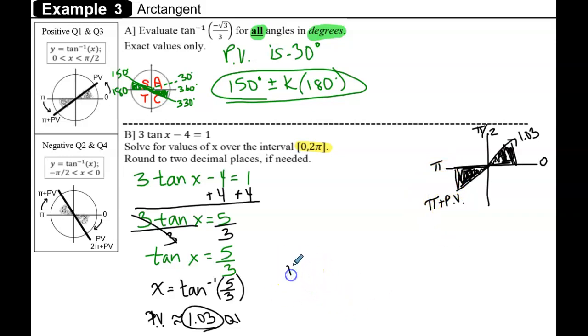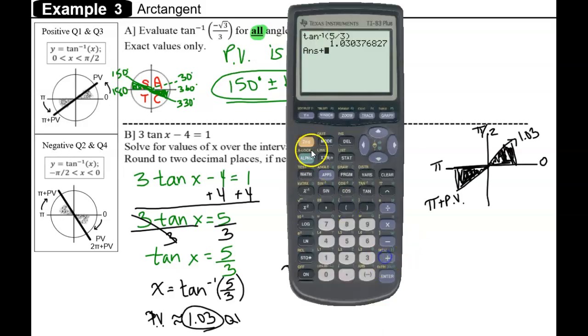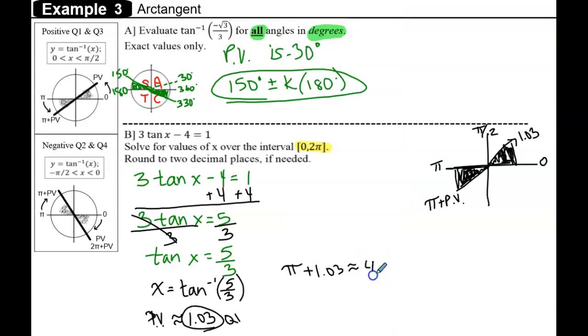So I'll have pi plus 1.03, which is approximately 4.17. And that would be my quadrant 3 solution.